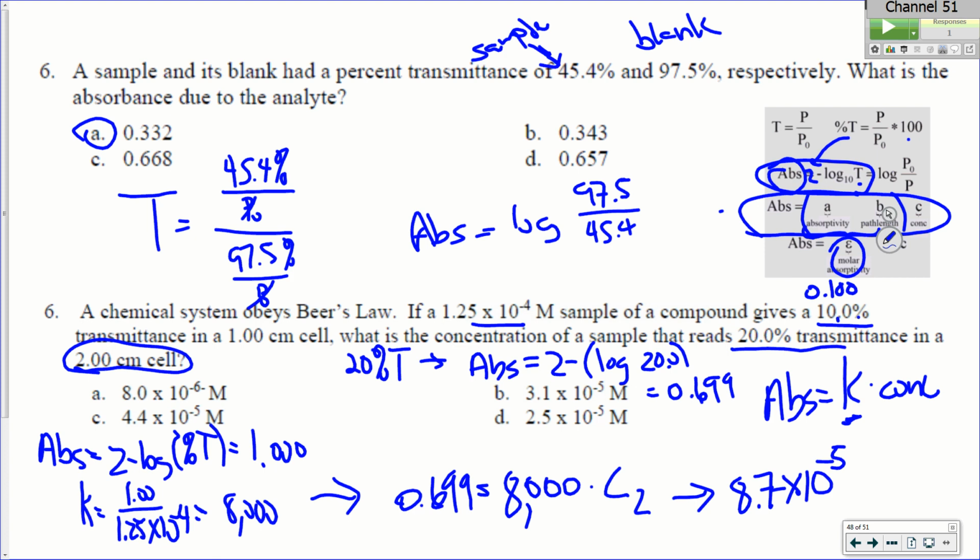So this was a 1 centimeter cell. This one has a 2 centimeter cell. So we take the number divided by 2. Yeah, there's where your answer C is going to come in. I didn't read the entire question. I stopped right here and didn't read that it's a 2 centimeter cell.